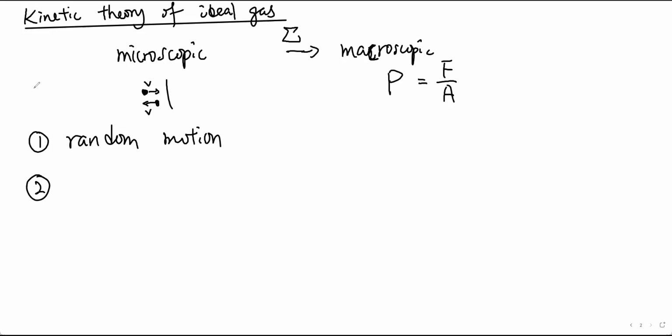The next one is that all the collisions are elastic. Why are these assumptions? Why is random motion an assumption?